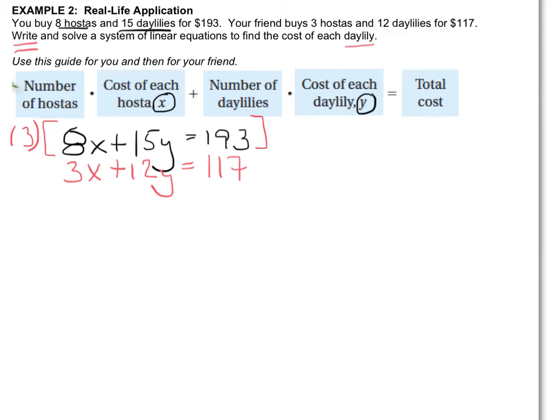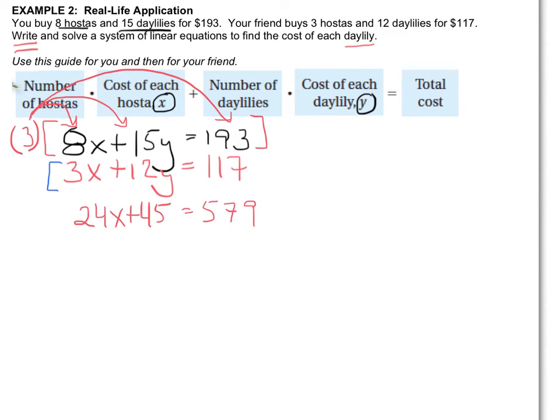So if I focus on 24, I'm going to make my first equation turn into 24x plus 45y equals 579. And again, that is using my distributive property to make sure I multiply everything by the 3 on the outside. Then I move on to the second equation and I do the same thing.